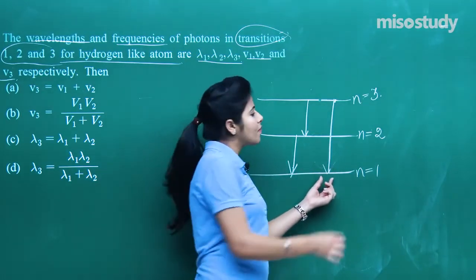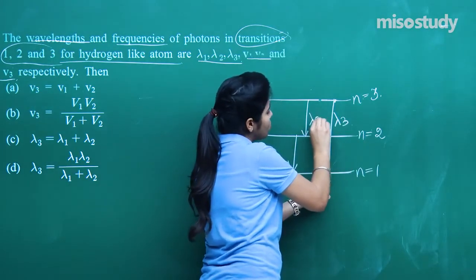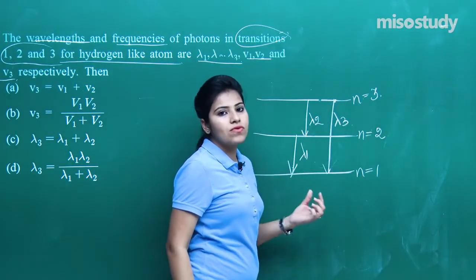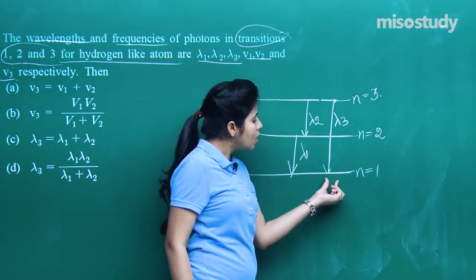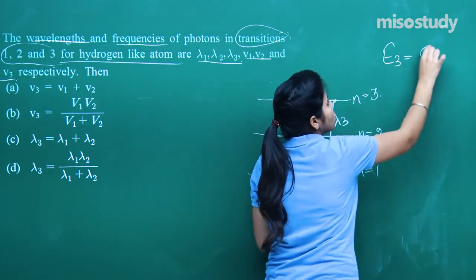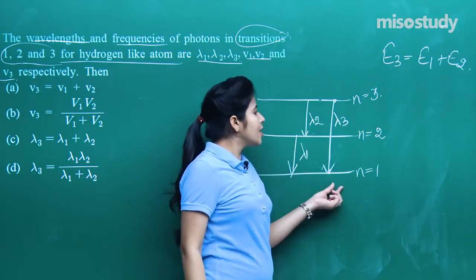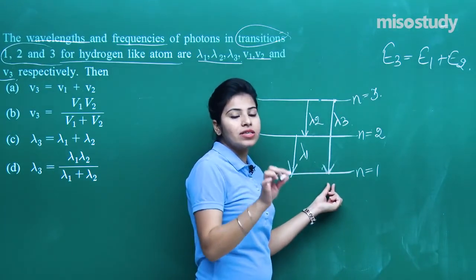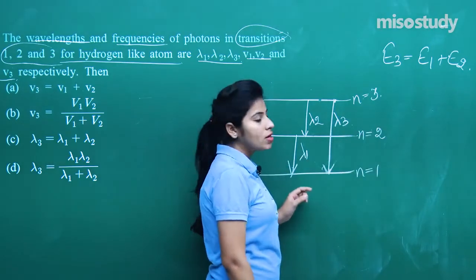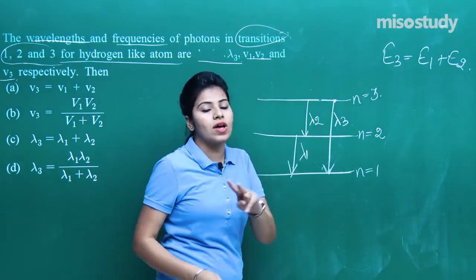For this you will have your lambda 3, this will be your lambda 2, and this will be your lambda 1, right. Now we can write here, because this is the total transition, E3 equals E1 plus E2. The energy of the photon emitted in this radiation will be equal to the sum of the energies of these two transitions.